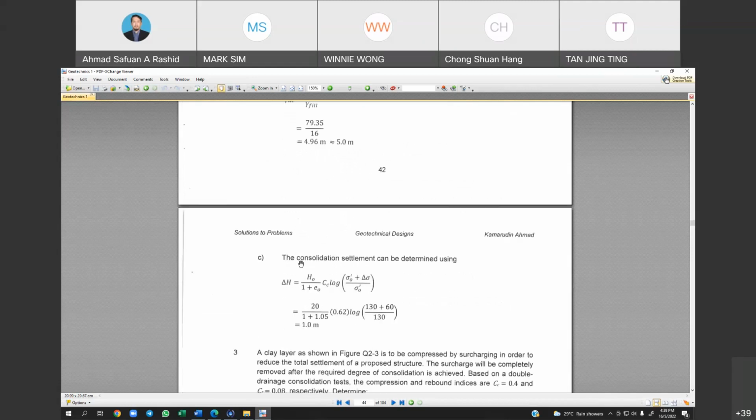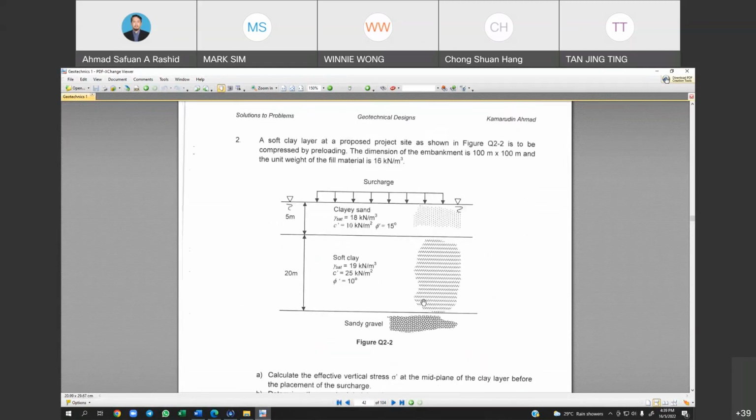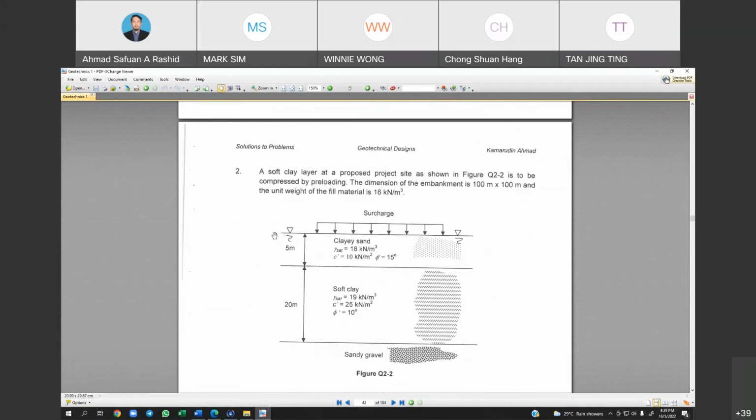The consolidation settlement can be determined using this equation, which is the normally consolidated equation. In terms of logic, let's say this is a flat ground. Before we apply any surcharge, there is no previous loading on top of the soil.